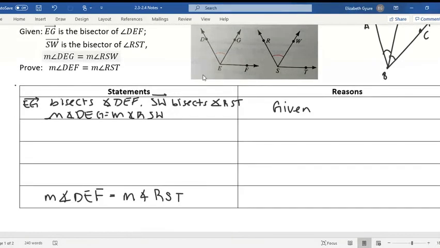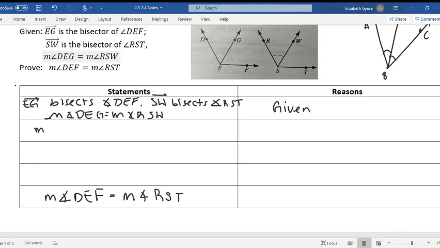And so how we're going to write that, and I'm actually going to write this in 2 steps here, just because I'm having issues writing with this stylus today. So what we can say is, since ray EG is the bisector, we're going to say that the measure of angle DEG is half of the whole. That's where we're going to start.